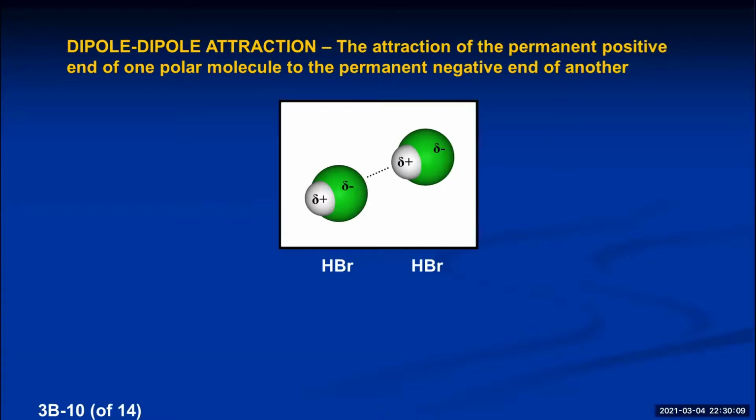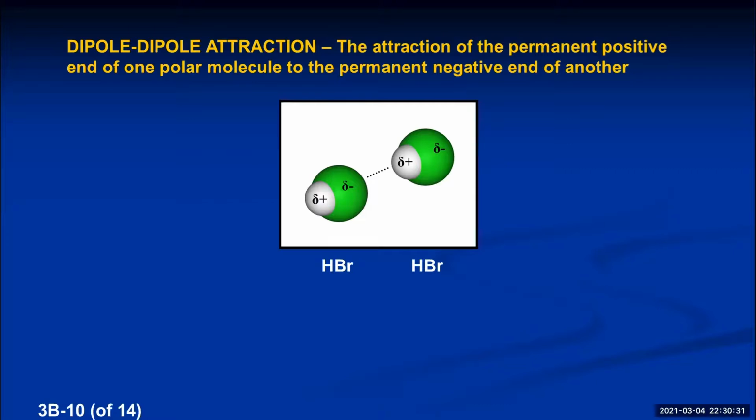Now, in addition to that, the electron clouds will slightly polarize each other and make that second attractive force, which we call a London dispersion force. So there'll be two attractive forces between polar molecules, but I want you to understand what a dipole-dipole attraction is. That's just the attraction of the permanent positive end of one molecule to the permanent negative end of another.